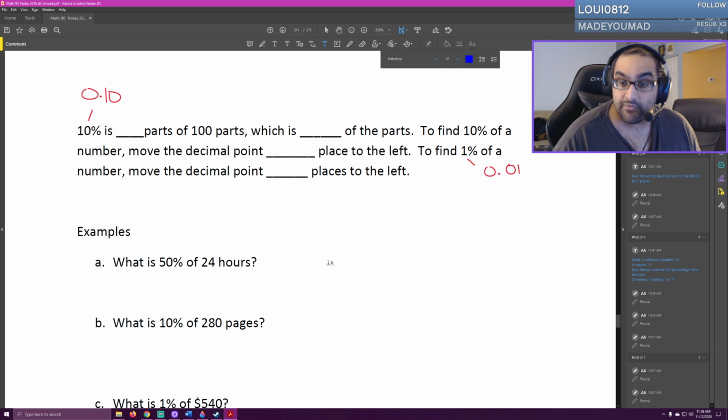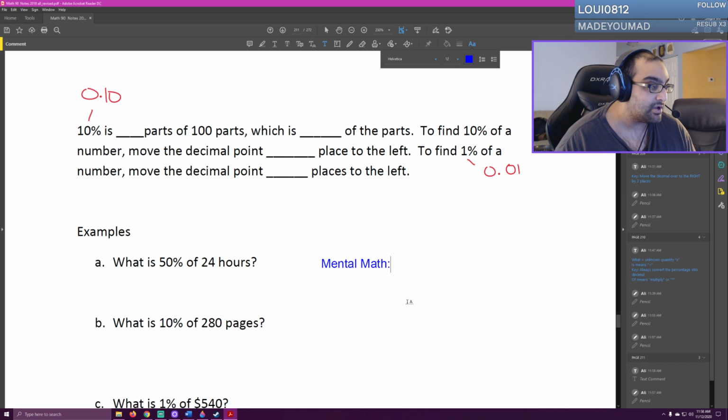Setting this up isn't too hard, but we can also take some mental math shortcuts if we can in order to solve some of these problems. So the things I'm going to list here, at least in the text, are going to be some mental math approaches in order to do these in a much shorter fashion. But at least we have the backup here. We know how to interpret these, straight up from the previous examples that we just talked about.